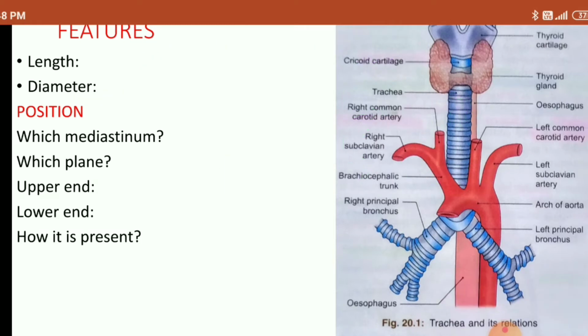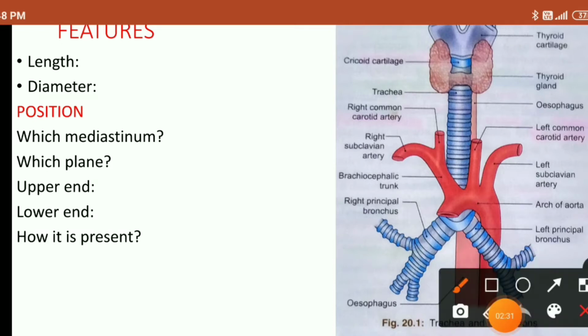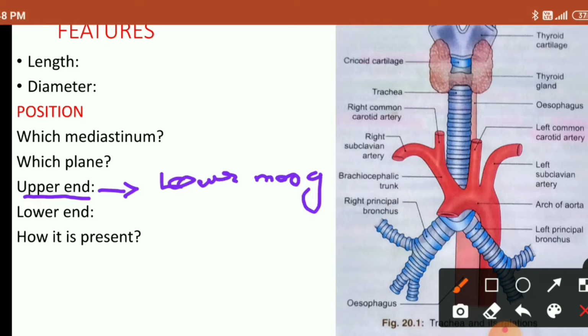Now we come to the upper end and the lower end of trachea. So what we are basically going to discuss is the extension of trachea. So remember that the upper end of trachea starts from the lower margin of cricoid cartilage.